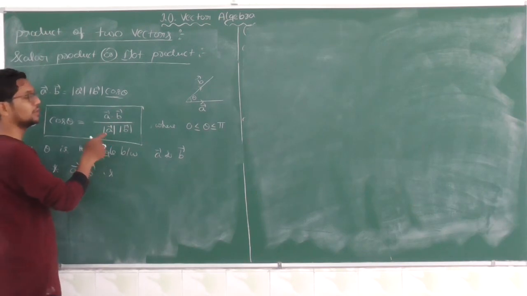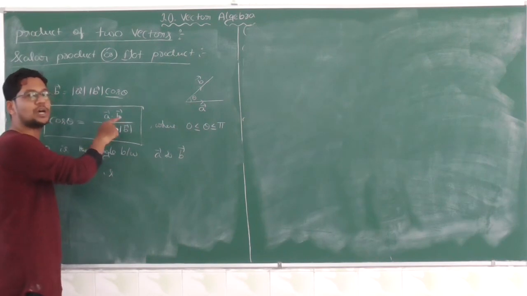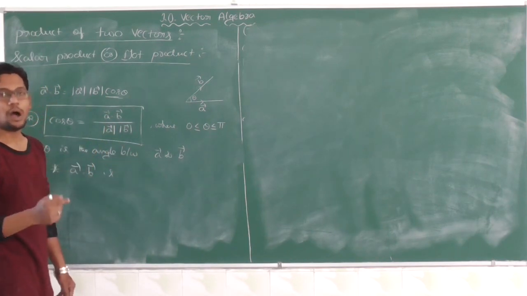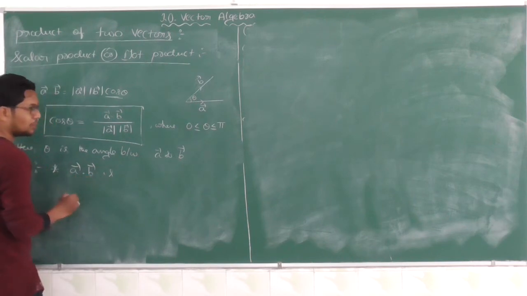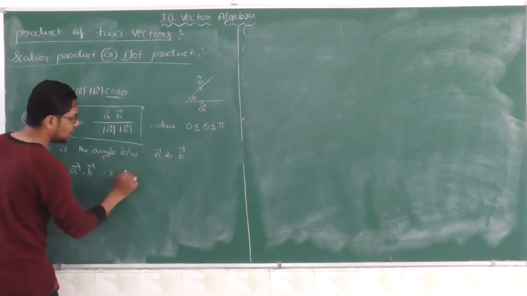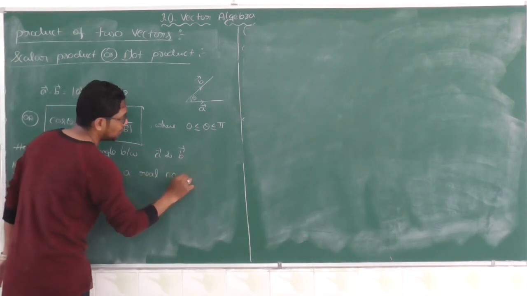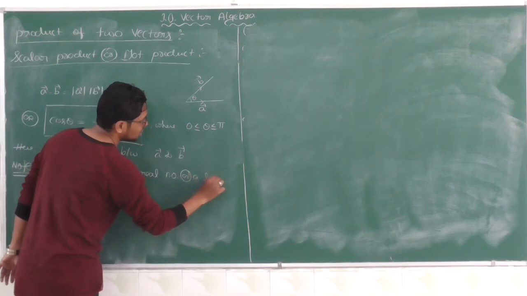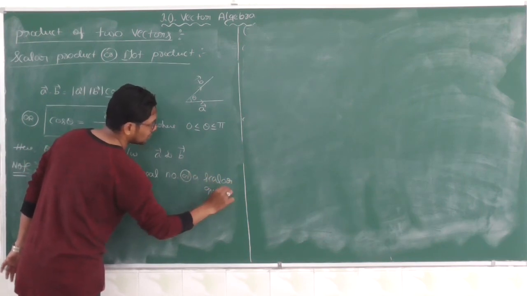The scalar product of A vector and B vector is a real number or a scalar quantity. In the problems I will explain this.